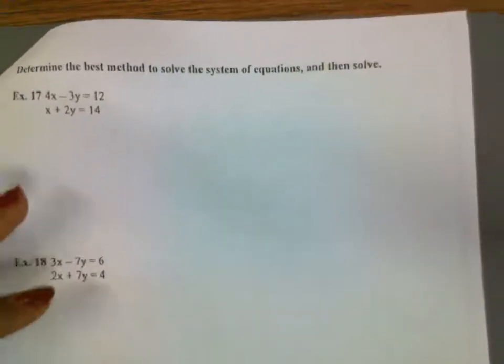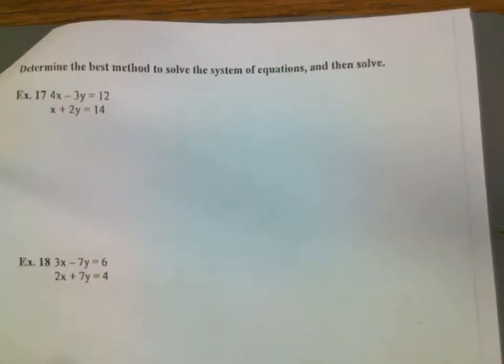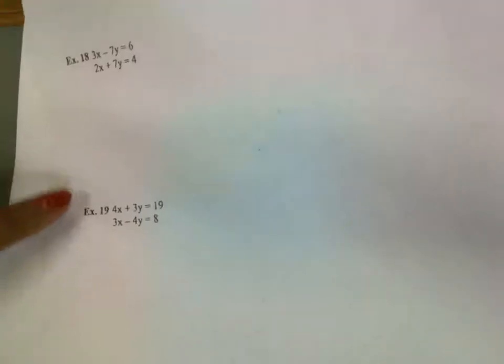You can use the graphing method. You can use the substitution method. You can use the elimination method. But make sure you complete this entire packet that we started at the beginning of last week. Complete it and submit it today. This is due today. So you got 17, 18, 19, and 20.